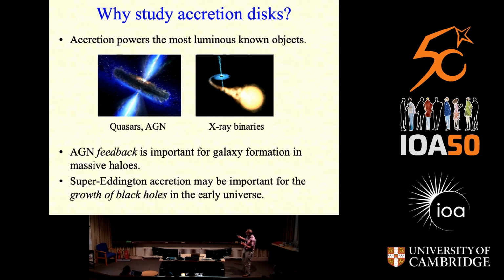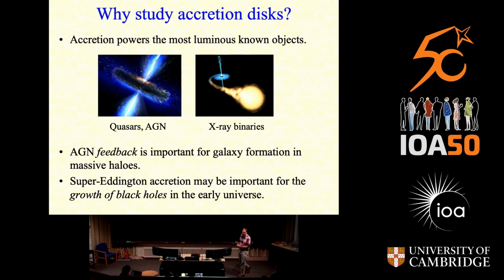But I think in recent decades, other reasons have emerged as well. For example, as Risa told us this morning, AGN feedback is now recognized as being very important for galaxy formation in massive halos. And more recent JWST observations are showing massive black holes very early in the universe, and perhaps super-Eddington accretion plays a role in the growth of those black holes.